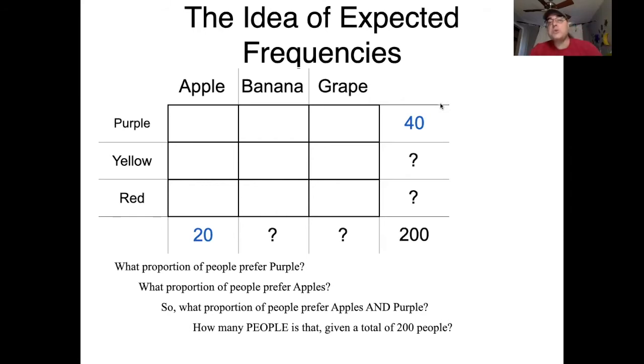The proportion of people who prefer apples is 20 out of those 200, that's 0.1. So if you have 1 out of every 10 people like apples and 2 out of every 10 people who like purple, then 1 out of 10 of 2 out of 10 is how many people you would expect to overlap in that category.